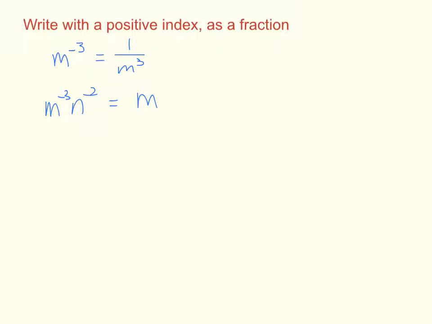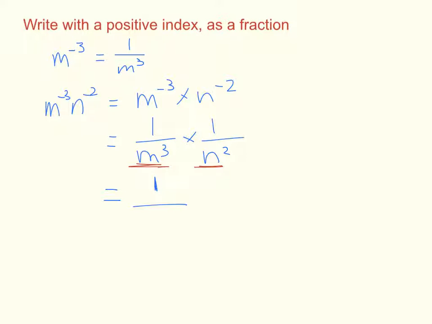That's m to the minus 3 multiplied by n to the minus 2, which is 1 on m cubed times 1 on n squared. Can't just add those powers because they have different bases. But what we can do is write that as, if I multiply fractions, 1 times 1 over m cubed times n squared.